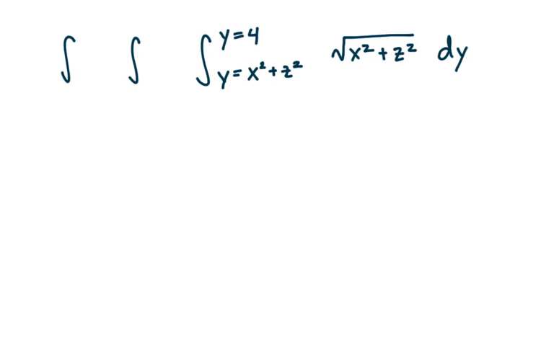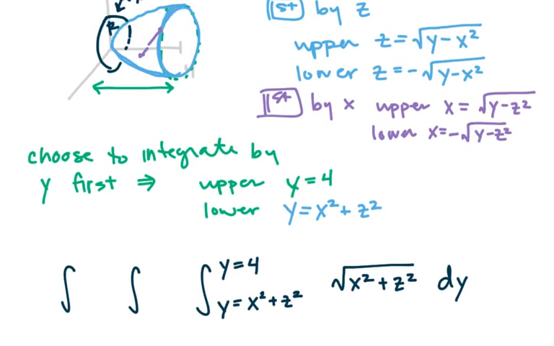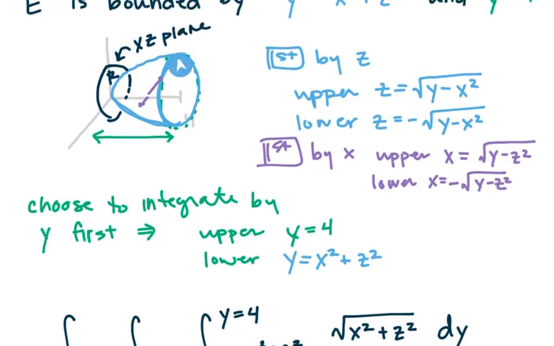So now we need to determine if we're going to do x first or z, and what would be the order of that. So what is the region? We said that that region is this shadow. Like if I turned this 90 degrees over to the left, that would be my shadow below, and that's in the xz plane.